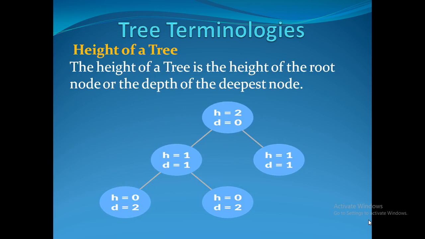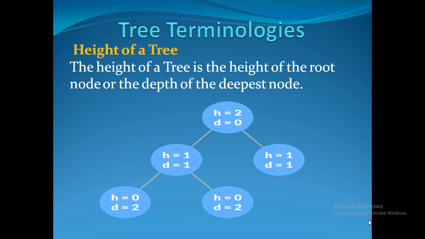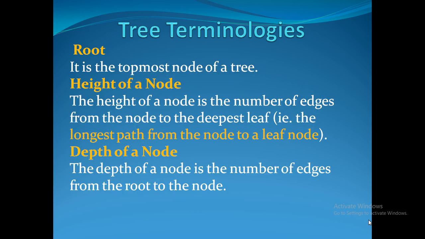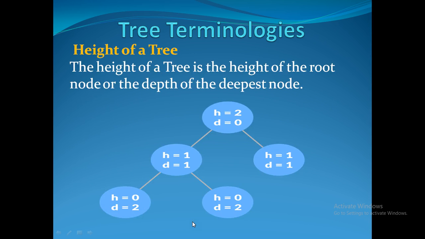For leaf 3, depth is 1. For leaf 4, depth is 2 because we have two edges here. So the depth of 4 is 2, and the depth of 5 is also 2.